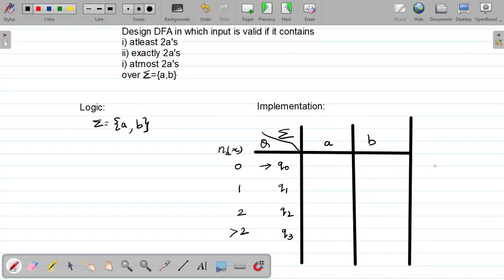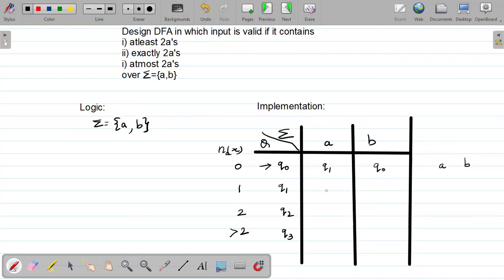Initially there is nothing, a comes in, which indicates 1 a has come in, given by Q1. Now b comes in, so the number of a's is 0, given by the state Q0. Here we are not searching for a substring; indirectly we are counting.